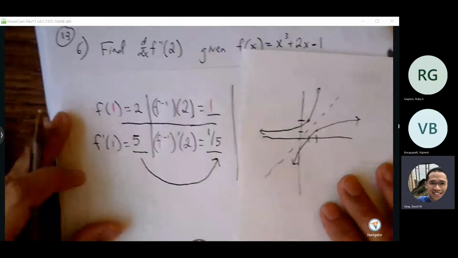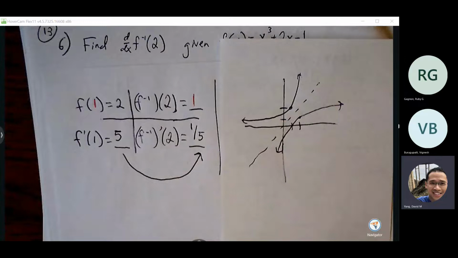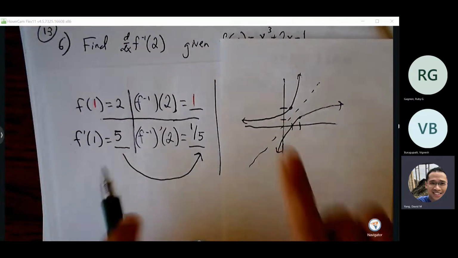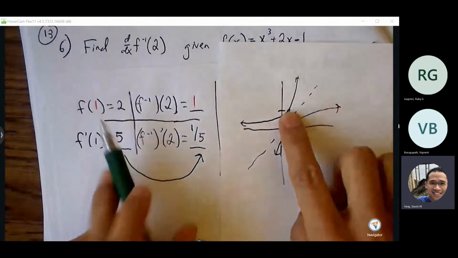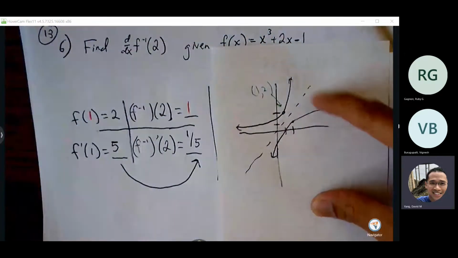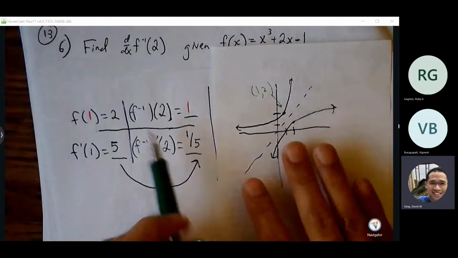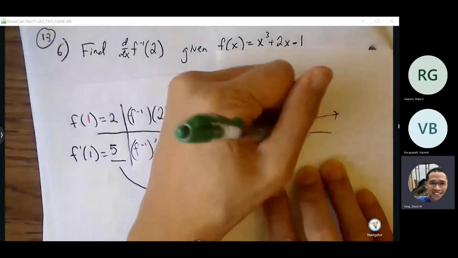So I want to demonstrate to you what these numbers mean from a graphical perspective, right? So you have a function that has ordered pair 1, 2. These are inverse functions because you can fold the graph over the diagonal line and make them overlap. So you've got 1, 2, you have 2, 1 over here.